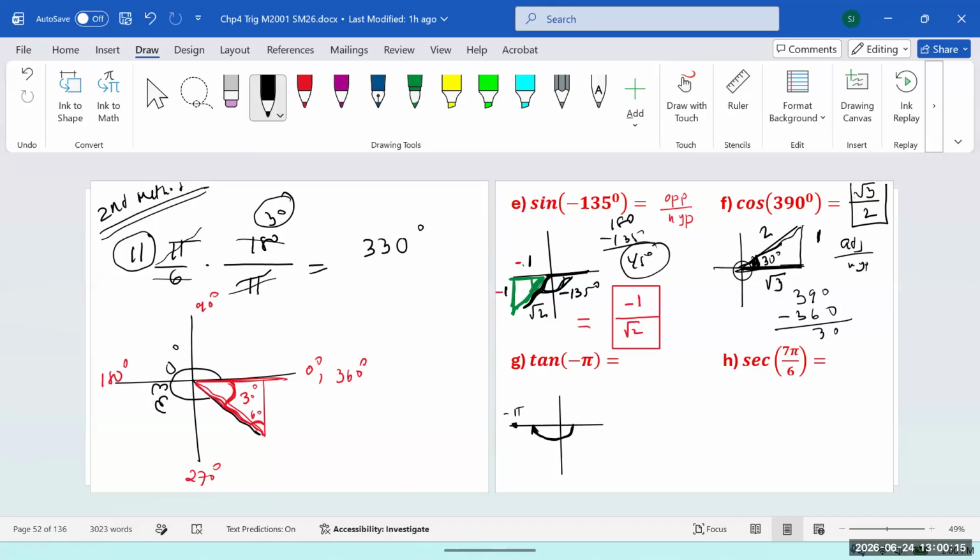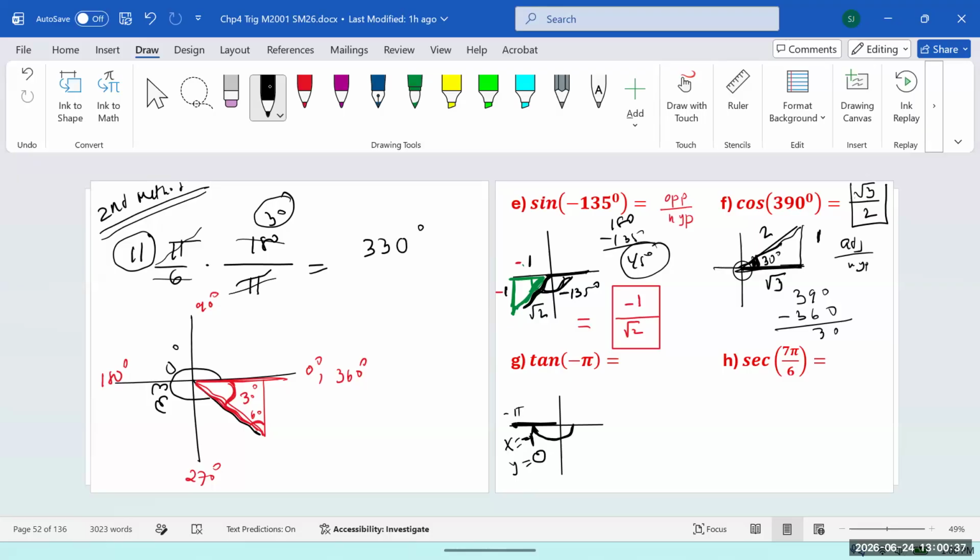So what's the x value and y value here? Negative 1 is x and y is... This is the x-axis, right? So x is negative 1 and our y value is 0 on the x-axis.